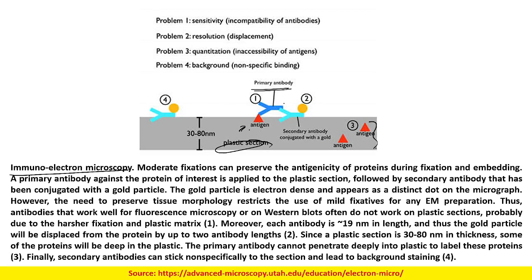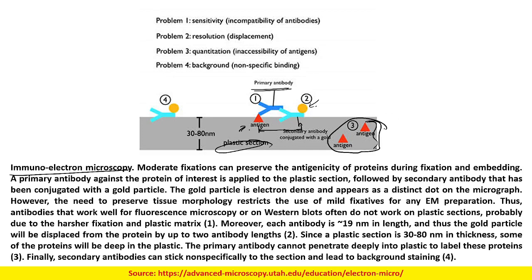Then your primary antibody is there. Now there might be some non-specific binding with the antigen. That may happen. And then when you use a secondary antibody which is tagged with the gold nanoparticle, the distance between the antigen and this gold is quite far apart.